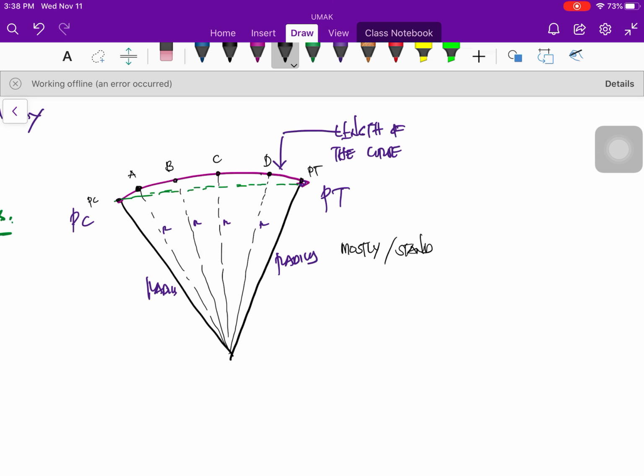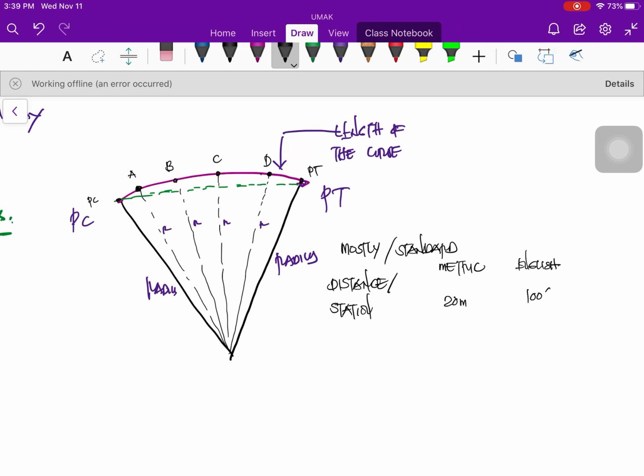As per standard, the distance per station is 20 meters when using metric and 100 feet when using English.